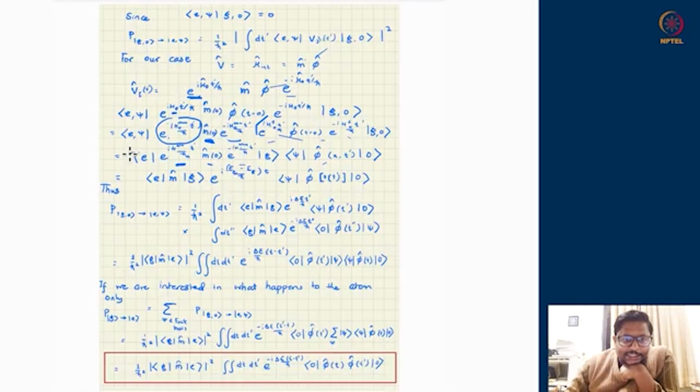Because you can see here again the same game will happen. This will give me a pure phase times the state back, and on the right hand side also this term will give me a pure phase and the state back.